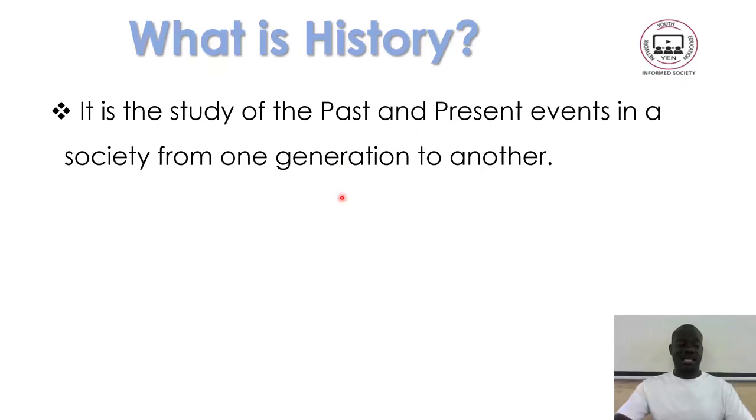So as you can see there, we are talking of events. The major thing is the events, the study of events. So what are those events? The events of the past, even the events of the present. So that study is carried through from one generation to another. So in that way, we have a definition of history, the study of past and present events.